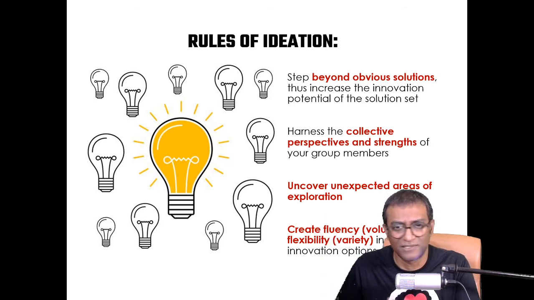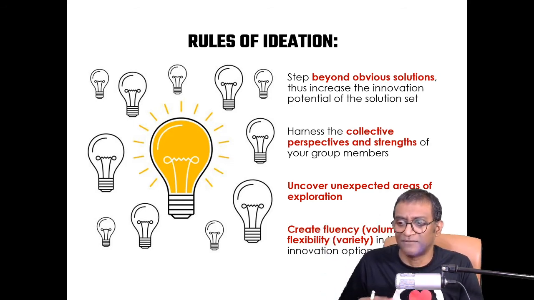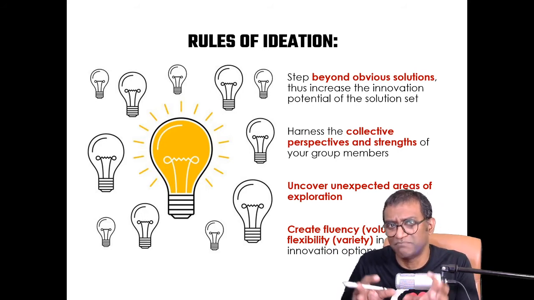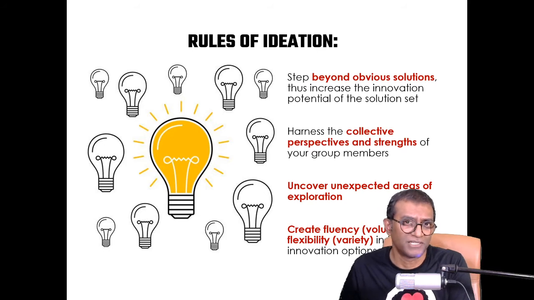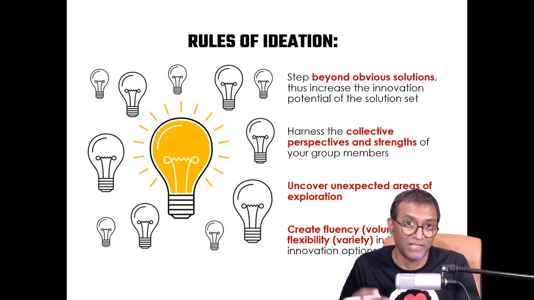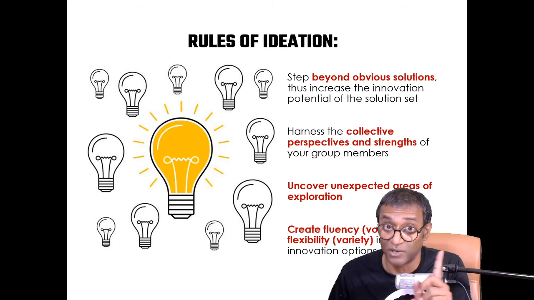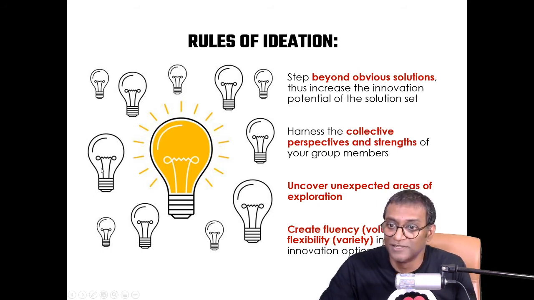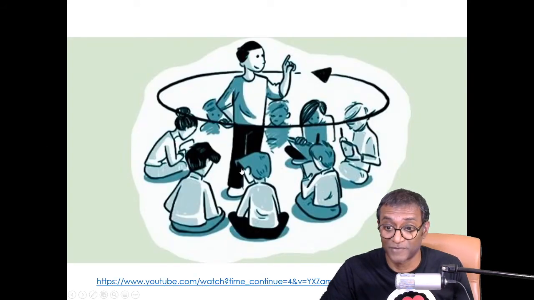So uncover things, explore, and try to have as many options as you can. Many options of ideas is better than just one, or two or three. That's called fluency.